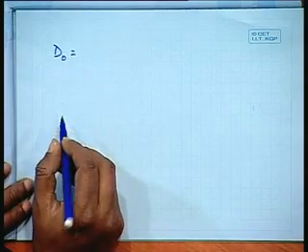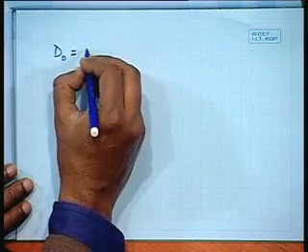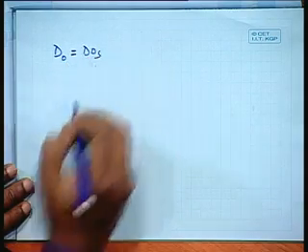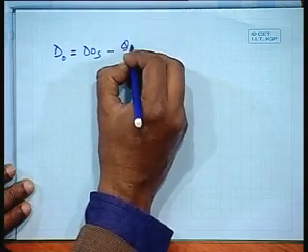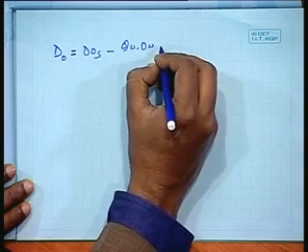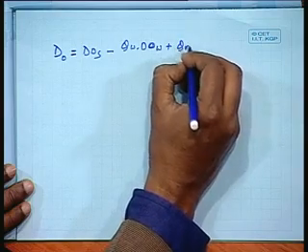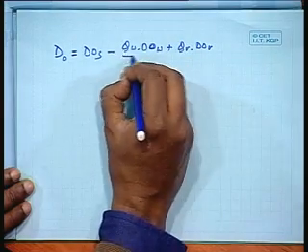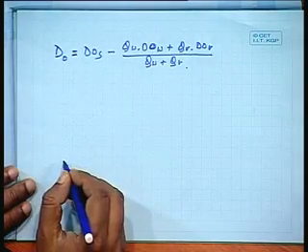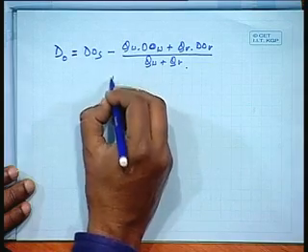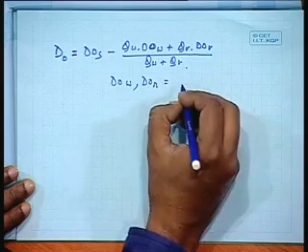This initial deficit D0 is essentially DOS minus (QW DOW plus QR DOR) divided by (QW plus QR). At that point of time, this is DOW and DOR.